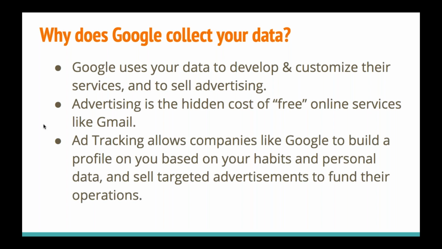And it's a little bit different from advertising in traditional media because of ad tracking, which allows companies like Google to build a profile on you based on your habits and personal data, and then sell targeted advertisements to fund their operations.